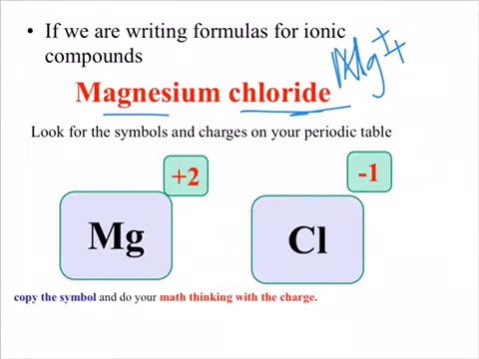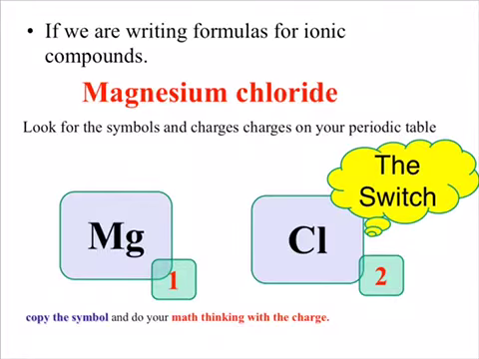What I really want you to notice is that when we look at that, those numbers switch. That +2 ended up here. The negative 1 ends up there. Not with the charges, but the numerical numbers that you use at the end. 1, 2. Again, aluminum bromide.